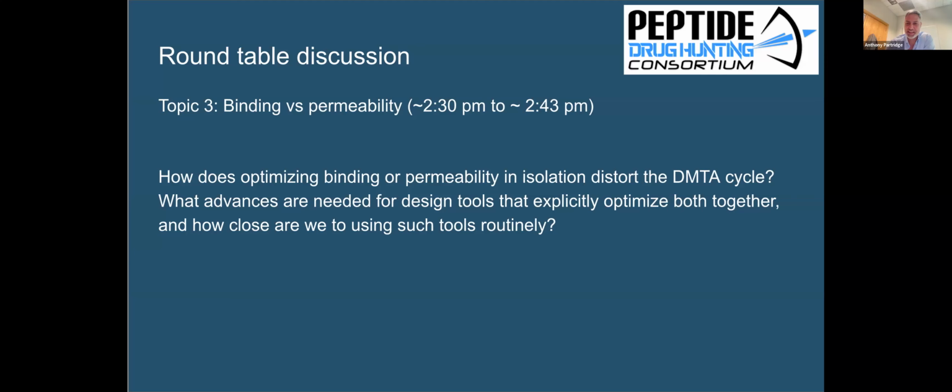One thing you raised that I think hit on Parisa's comment about different modes of getting into the cell. Each one of those is going to have different design rules. Like a passively permeable molecule is going to be one set of rules.